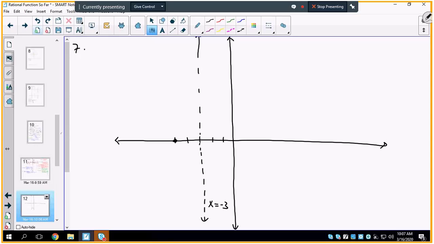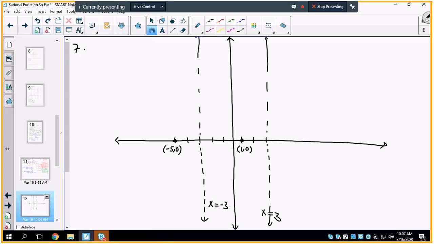This is a point where you will be crossing the graph of x-axis. The graph will cross x-axis. 1 is also a crossing point because it is an x-intercept. 2, 3 is a vertical asymptote. And this is x equal to 3, the vertical asymptote.